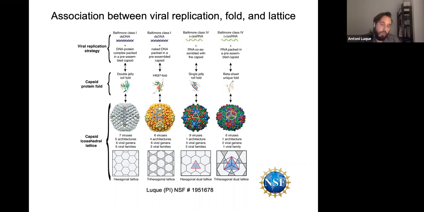Regardless of how different your viruses may be, you could interfere in the way you're saying, no? If you have a generalized antiviral strategy for those viruses that use the HK97 fold and form certain types of capsid structures, you would be able to adapt it successfully. And so that's something that we want to explore.